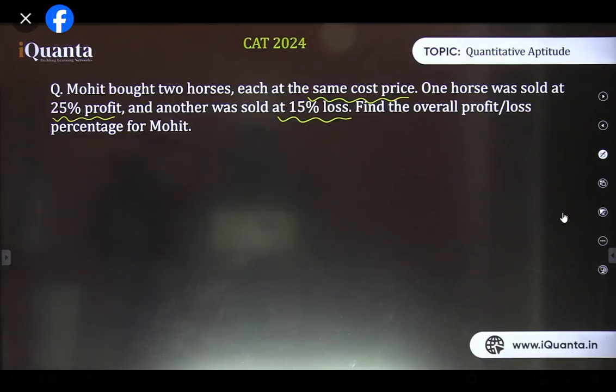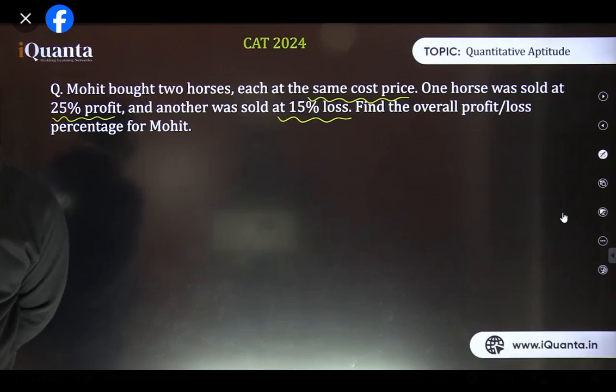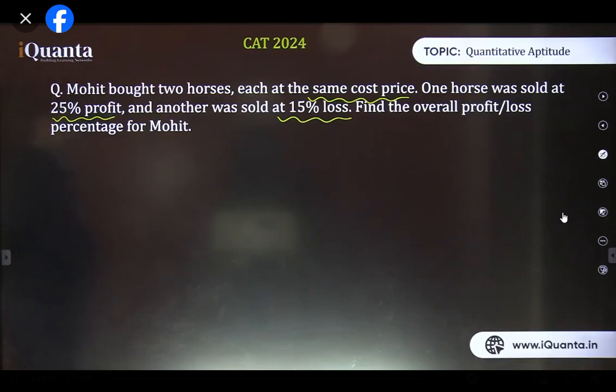Right now, solve the problem. Some of you are writing 10% and some say 5. Please recheck your answers.